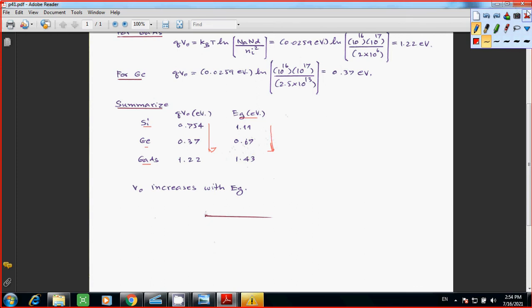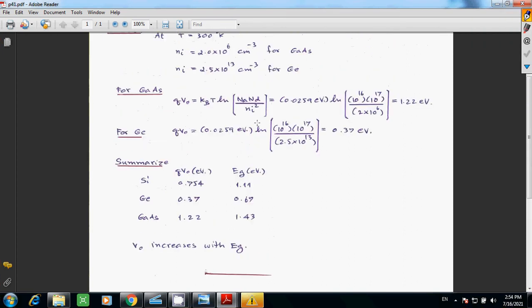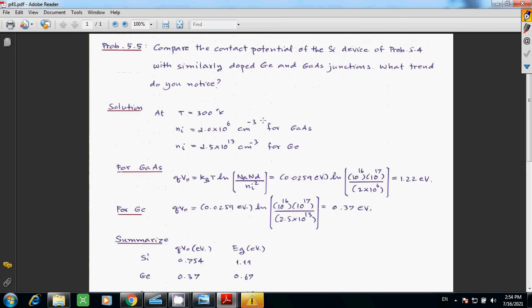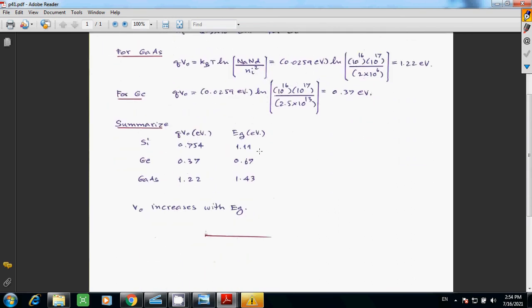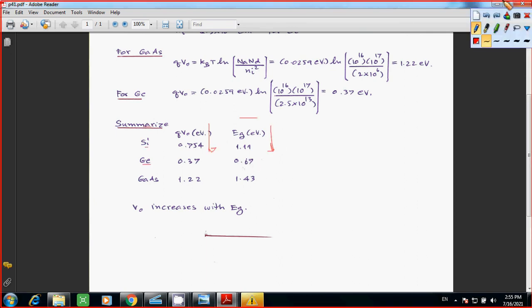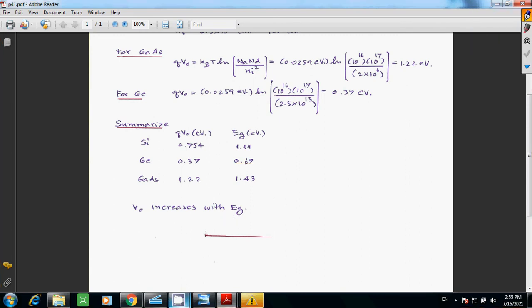Let's see for germanium, it's supposed to be higher. This is 1.11 electron volt. I think I put this number wrong. You go back and check again. But the built-in potential increases with the energy band gap. So check this number again. Sorry for my mistake.